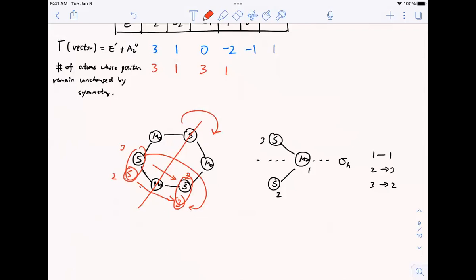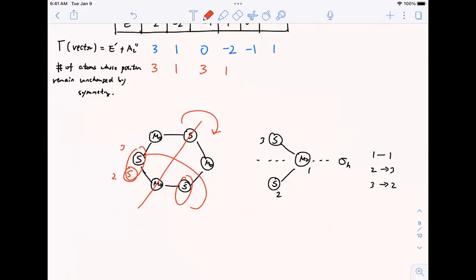Rotation means this one will go to the bottom, and this bottom one goes to the top. You have 2 S atoms, one on top, the other in the bottom, right? You're making a rotation, right? So you really need to have some kind of exercise on how to visualize the operation.